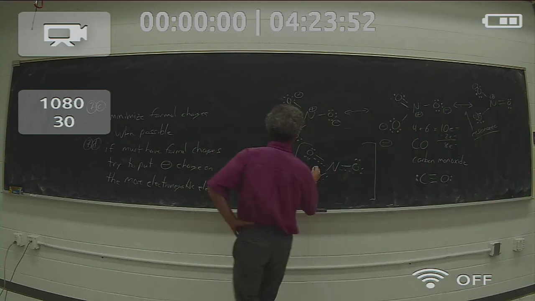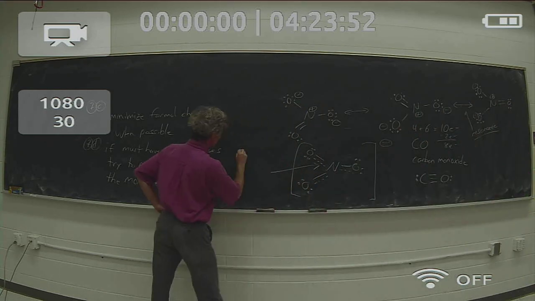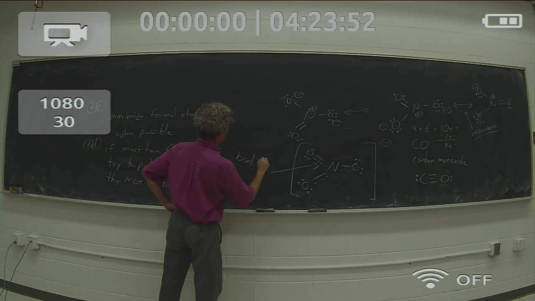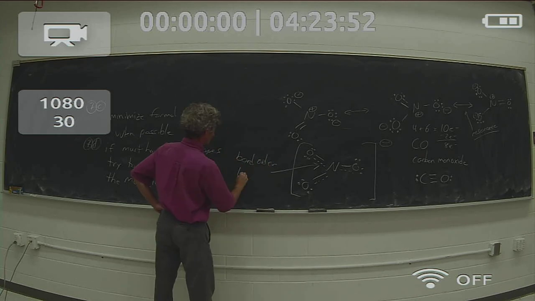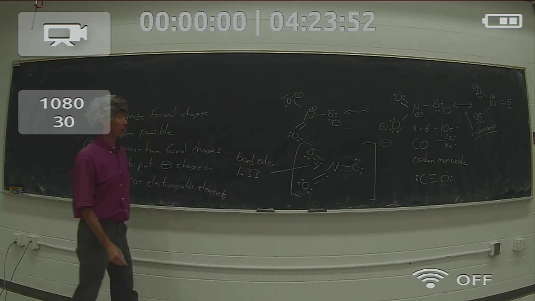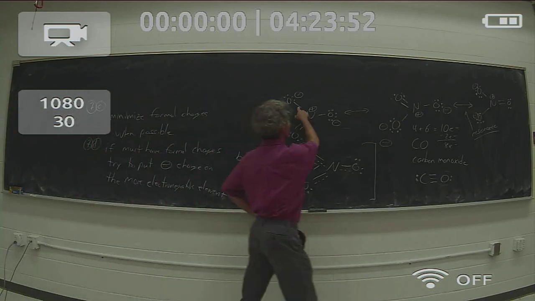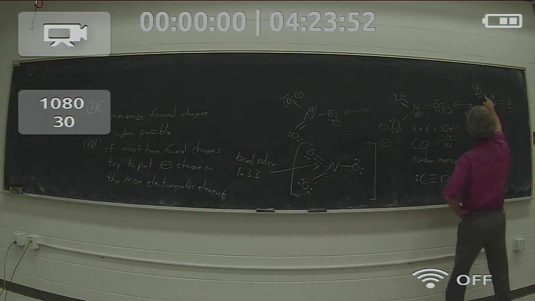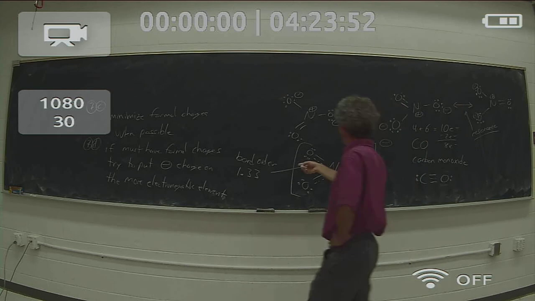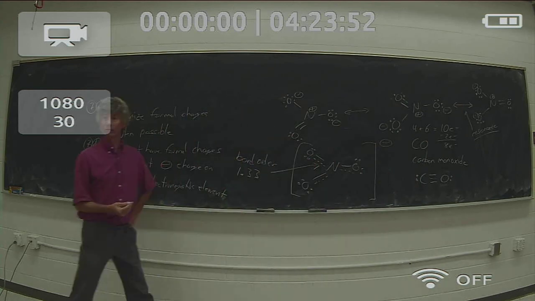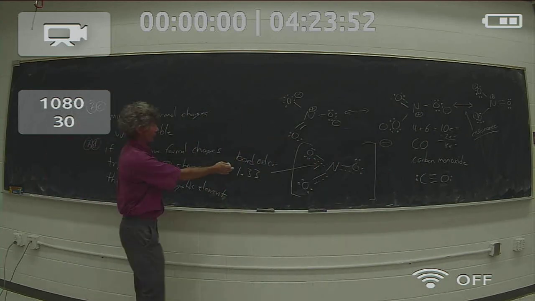We can say that the bond order here is 1.33. It's 1 1/3. Right? Because we have 4 bonds, 1 bond here, 2 bonds there, 1 bond there. We have 4 bonds divided between 3 structures. So this would be 4/3.